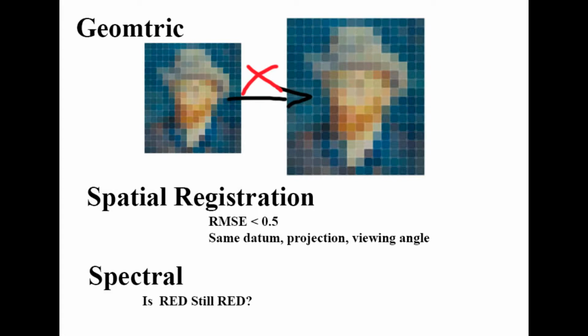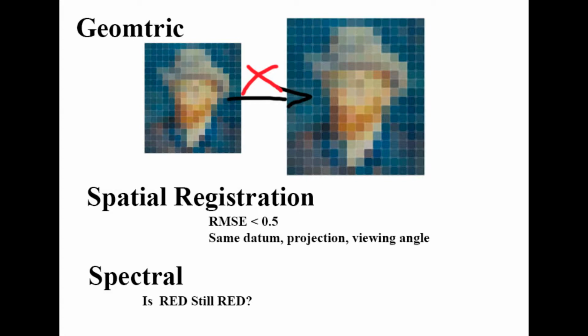I've already been through lots of this stuff before. Anyway, in spatial registration between two images, remember we're talking about change detection, so anomalies between two images taken at different times. I know I said before that the RMSE in the notes should be less than 1.